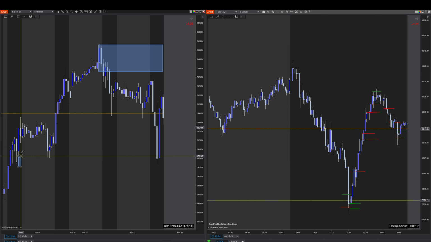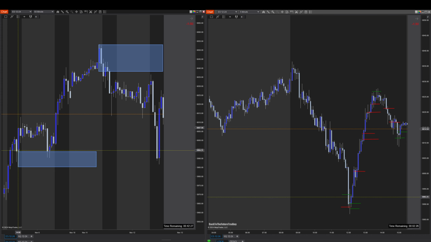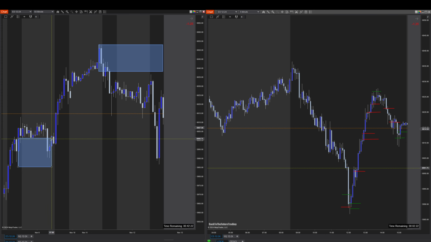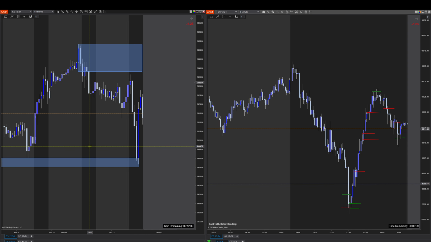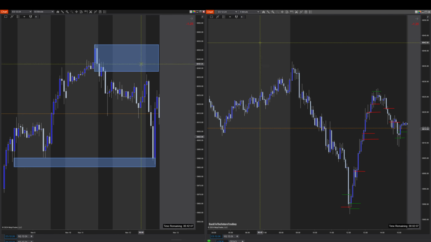But when it's big like this, I'll just draw it to the open. I'll just use the wick. So this is the demand from this candle. And we come back, retest the demand and remove the buyers to this point. And then we blast up. So this is where I'm looking for buyers. If we make it up here, I want to sell. If we make it down here, I want to buy.